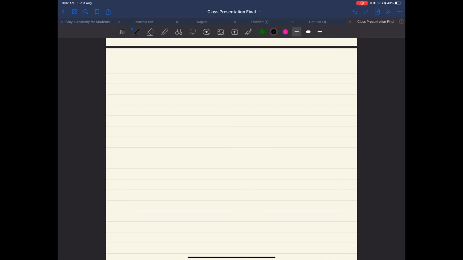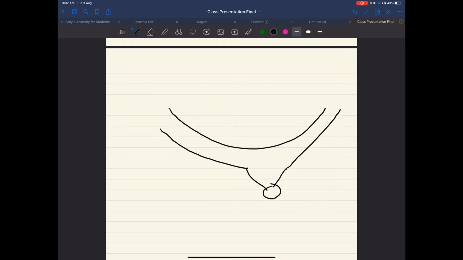Okay, let me just draw a very simple diagram. Let this be your tongue. This be your sublingual gland. This be your submandibular gland.